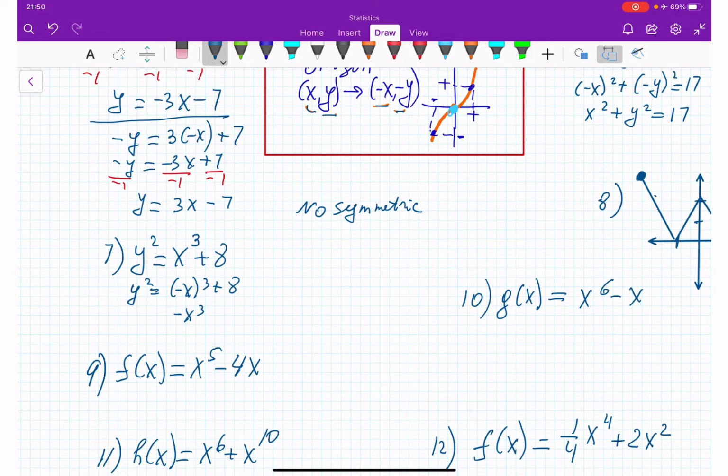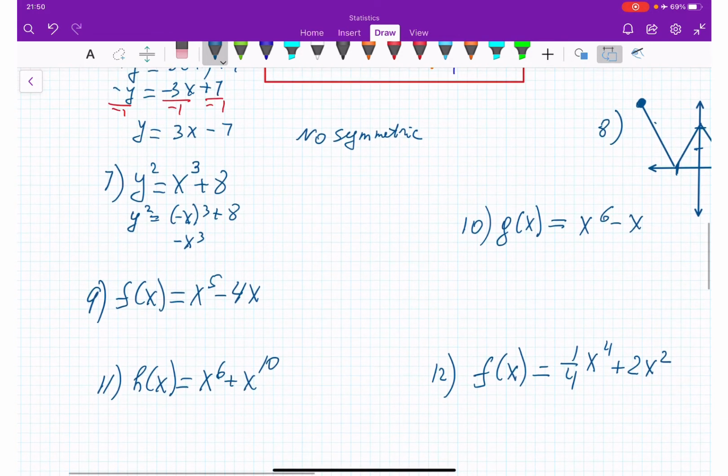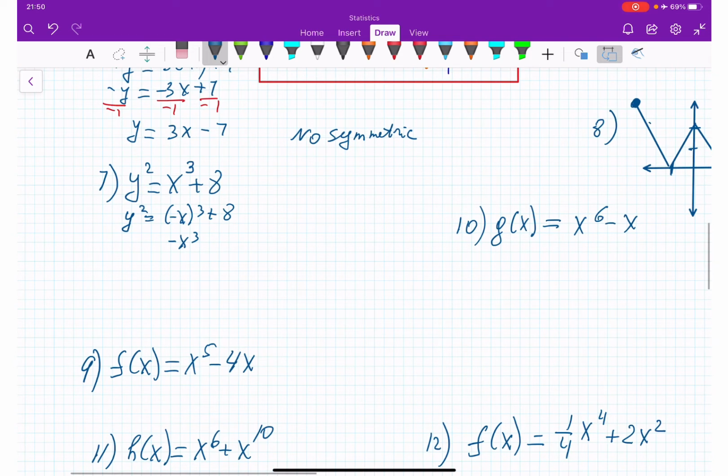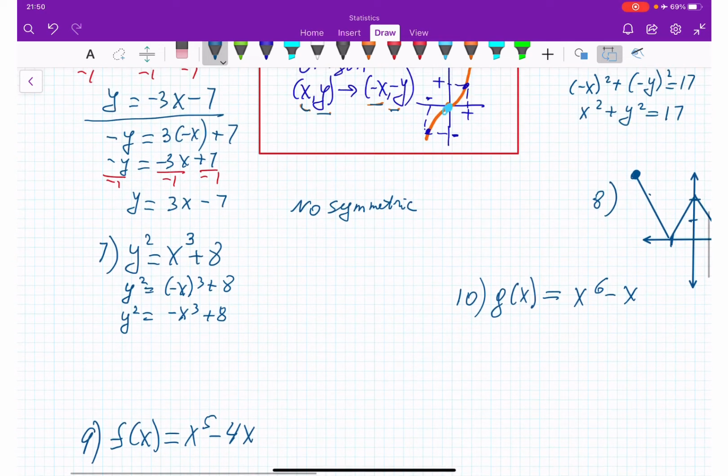When degree is odd, then it keeps the sign. Okay, so the rest is going to be y squared is equal to negative x cubed plus 8, which means no y symmetry.